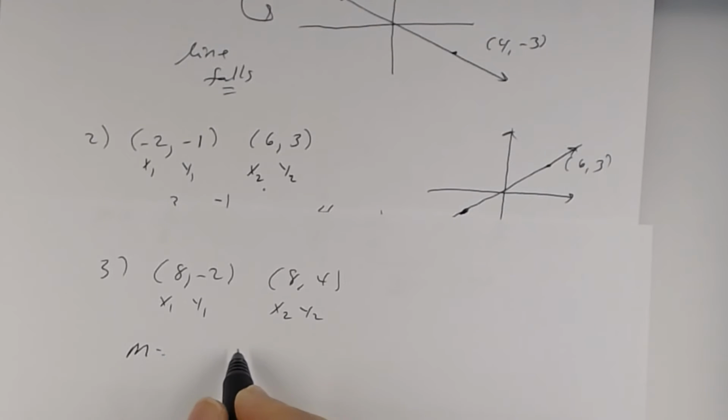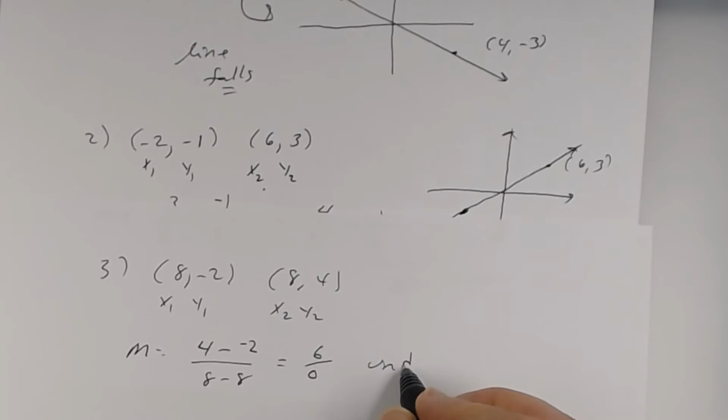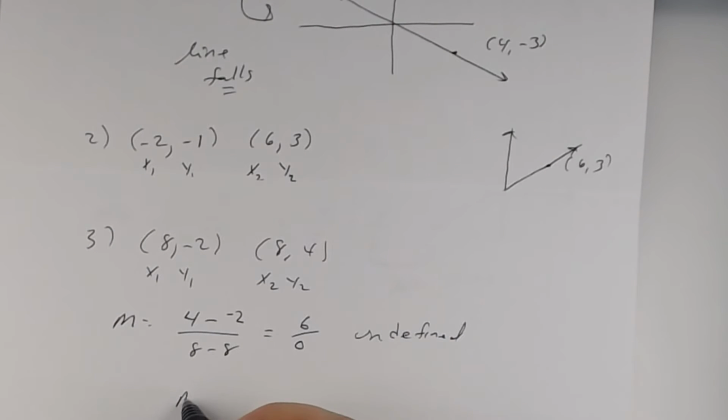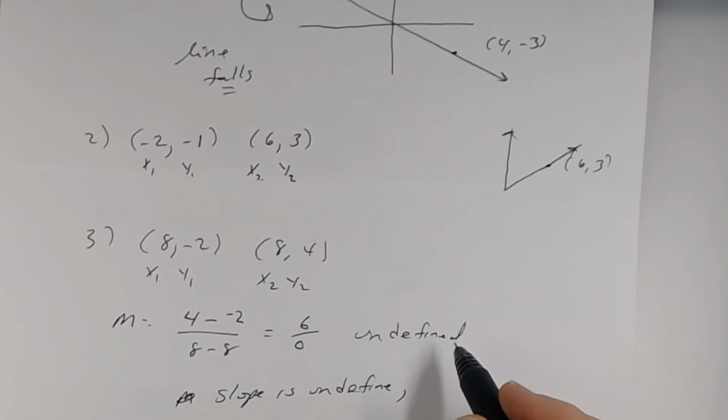So the slope will be 4 subtract negative 2, and 8 subtract 8. So that's 6 divided by 0, which is undefined. So the slope is undefined, which means it has no slope.